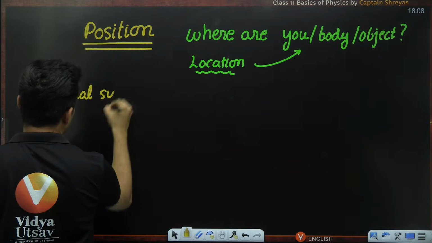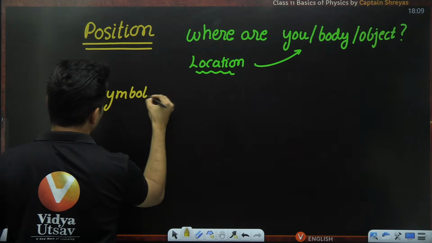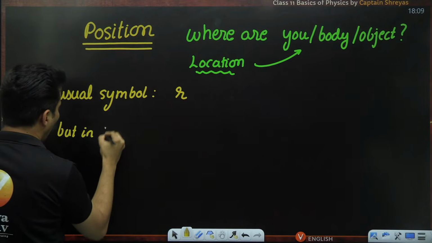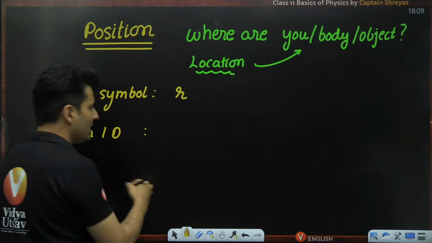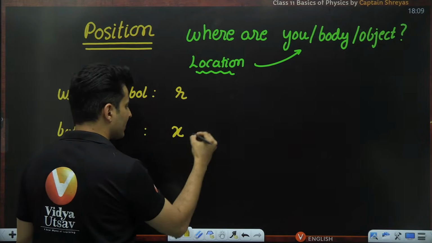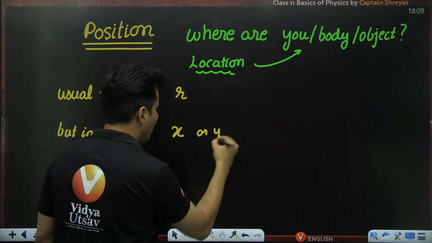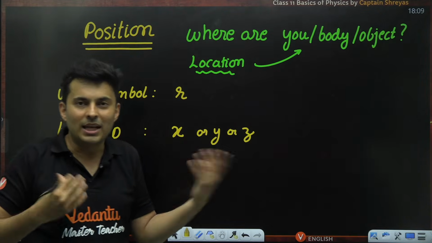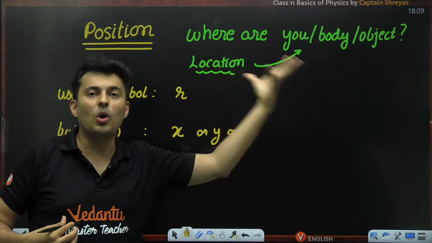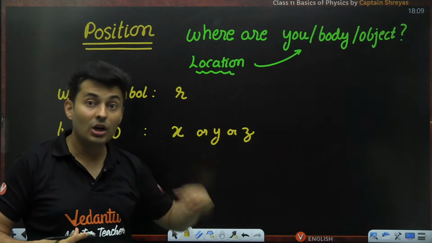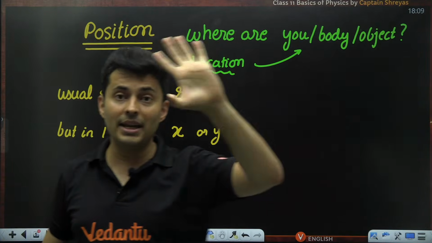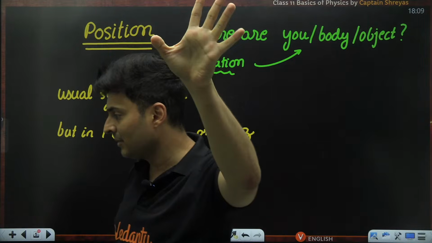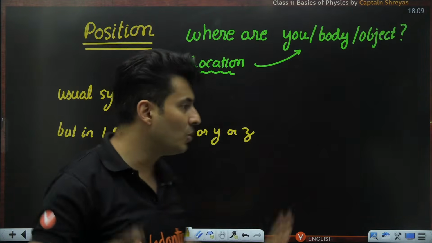In one dimension, usually we use x or y or z. You tell me the x coordinate or y coordinate or z coordinate. Do you remember coordinates? Basic coordinate geometry you would have learnt in 9th and 10th standard. You just tell me where you are.